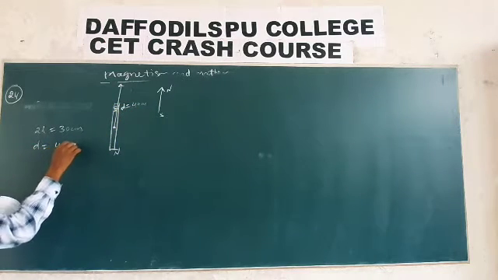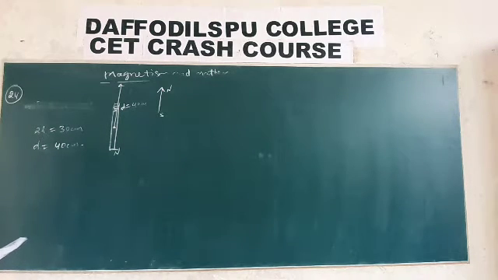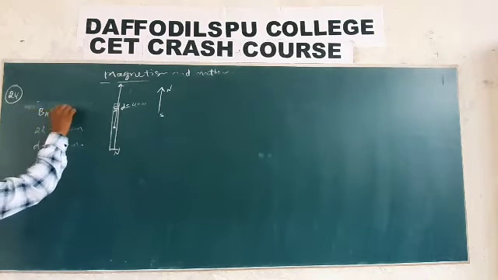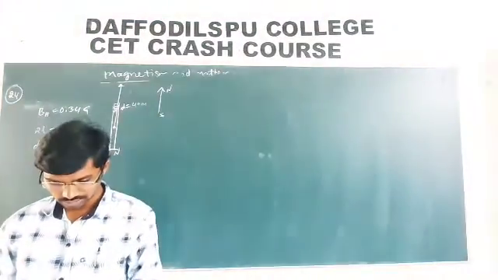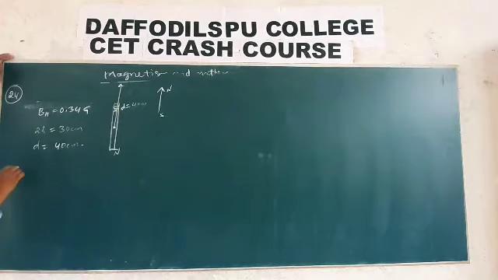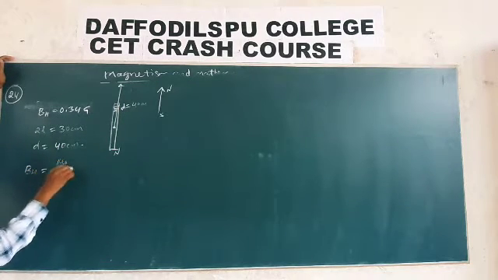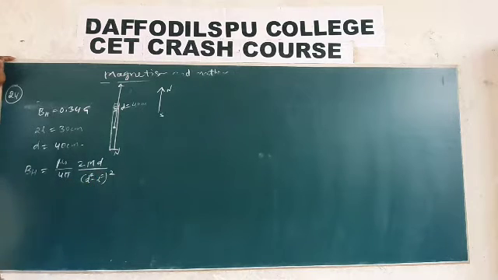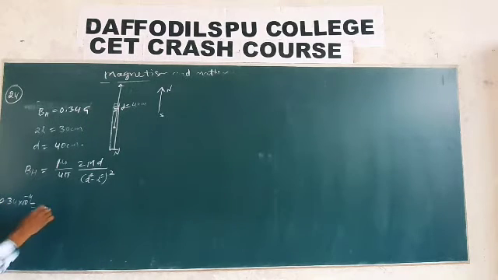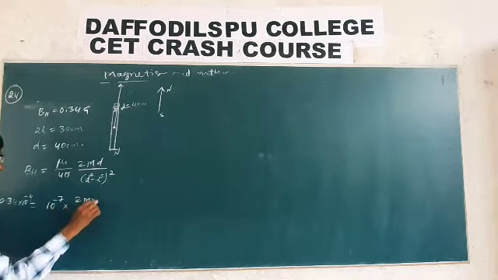But the given options are in terms of Gauss, so we convert: this is equal to 10 power minus 4 Tesla, which is 0.6 Gauss. This is the second option.